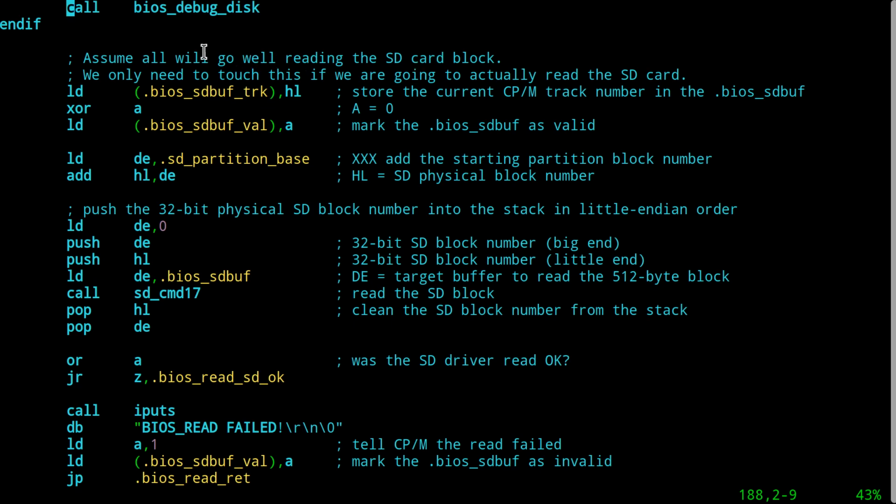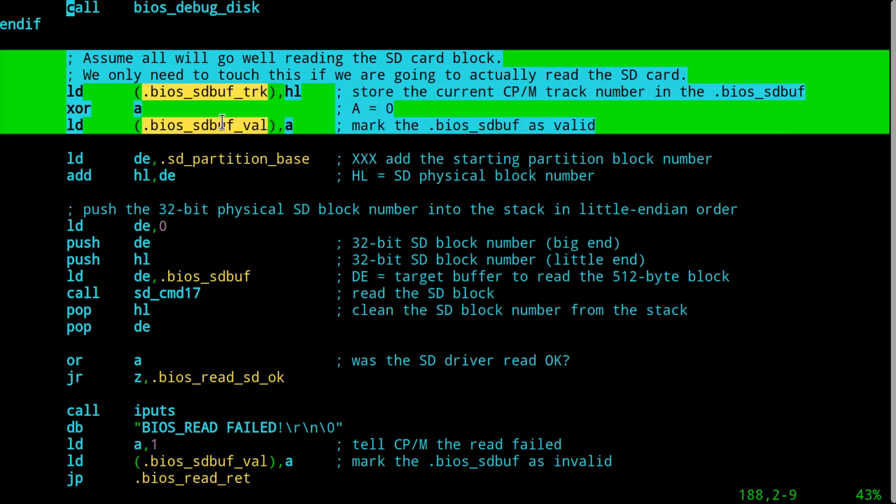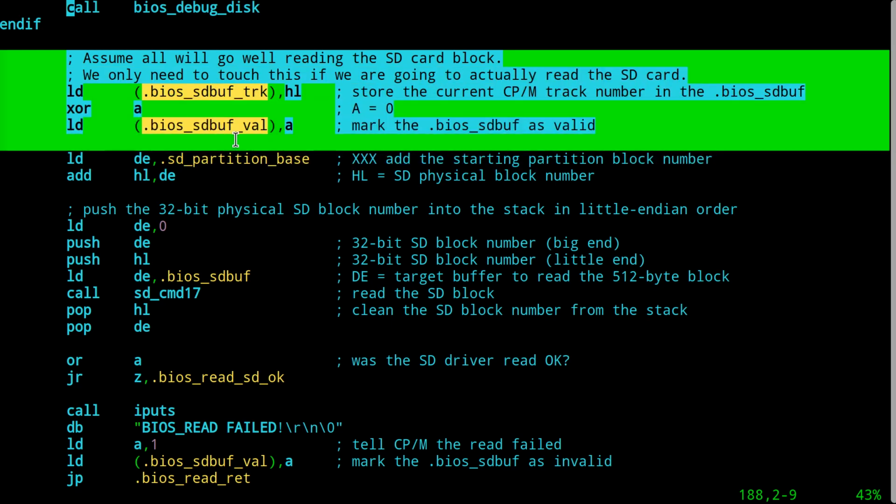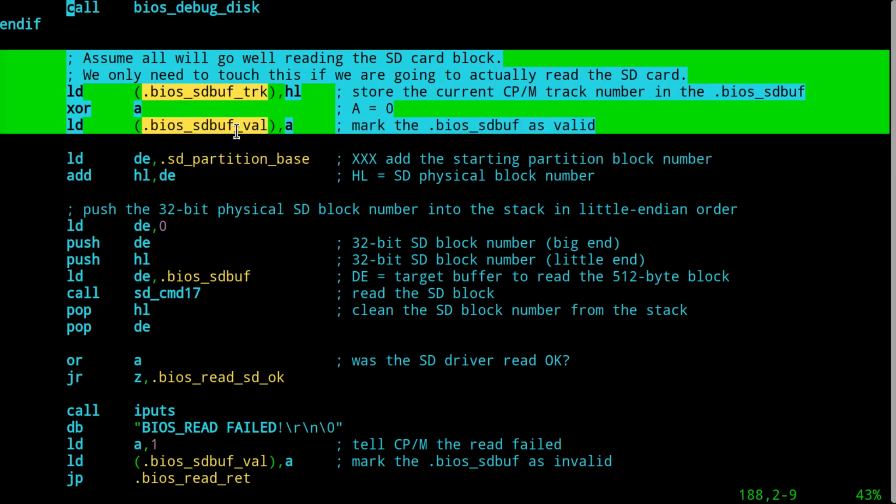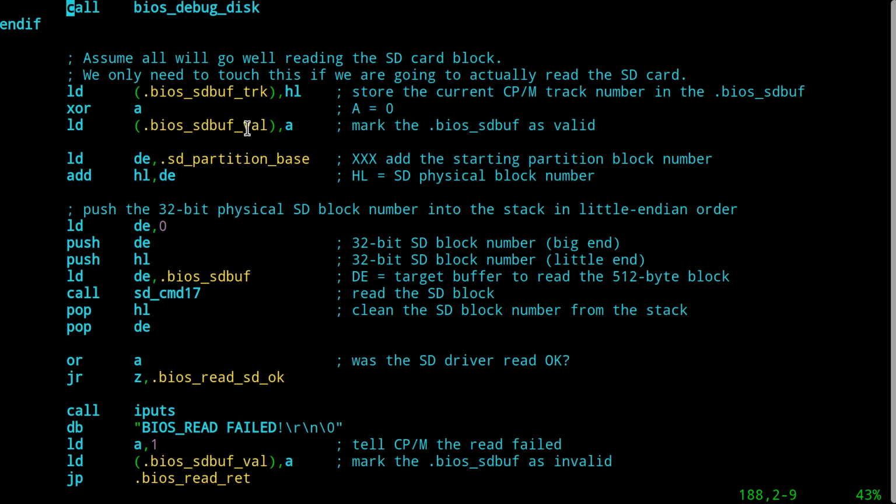If we decide we're going to actually read from the SD card, we're going to remember what track, which SD block, we read in last, because we use our little one slot buffer as a kind of a cache. And this is the equivalent of our tag table that we need to deal with.